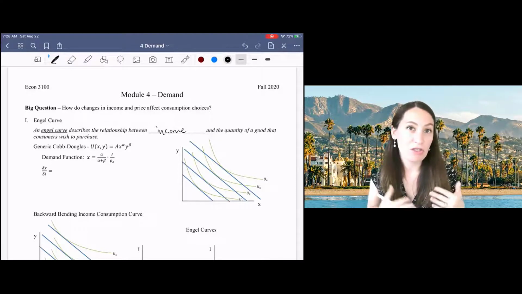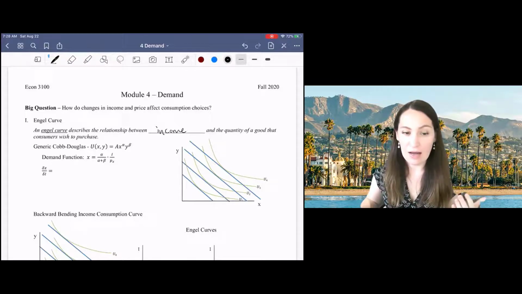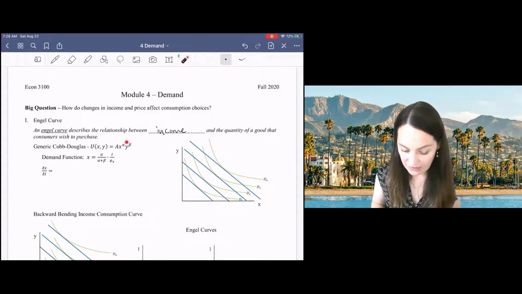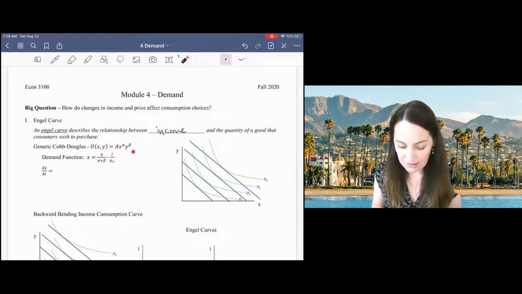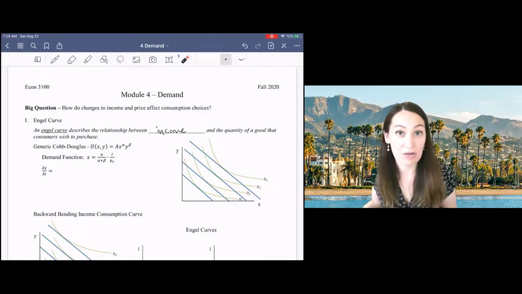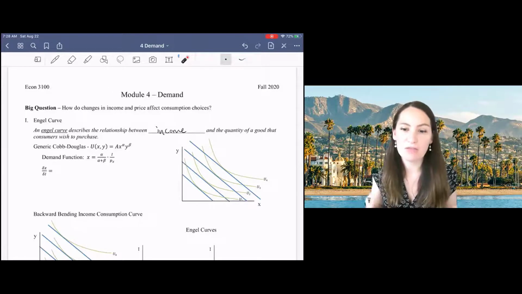So we're going to just use a generic Cobb-Douglas equation here. So if I have this utility function, generic Cobb-Douglas, then I know I'm going to get this demand equation for X, and obviously I'll also get a demand equation for Y, but we'll just focus on X here to start with. So now the question is, what happens to my optimal choice of X as my income changes?